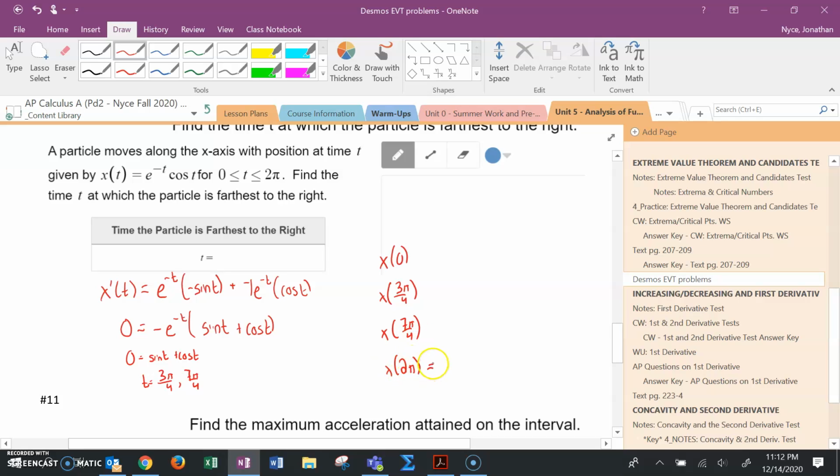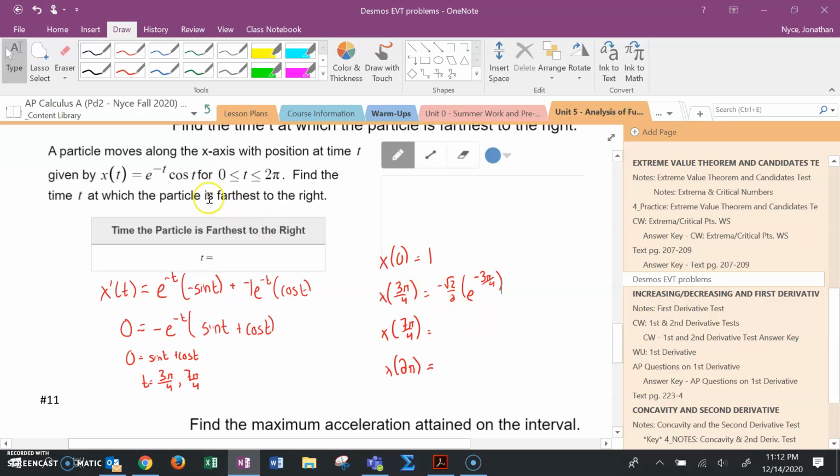So these numbers get a little bit ugly. For x of 0, if you plug a 0 into this, cosine of 0 is 1. E to the 0 power is also 1, so 1 times 1 gives us 1. If we put 3 pi over 4 in here, we end up with the cosine of 3 pi over 4, which is negative root 2 over 2, times e to the negative 3 pi over 4.